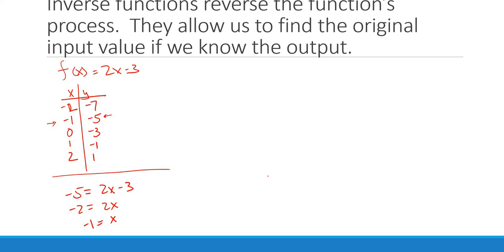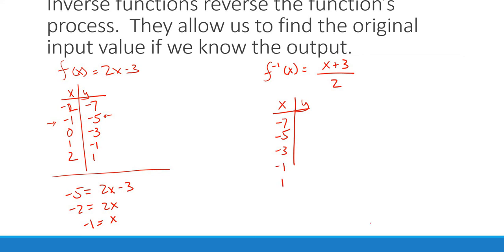But if I know the inverse function, and we'll talk about how we get this in a minute, then I can plug an x value into the inverse. Let me put my output values from over here.